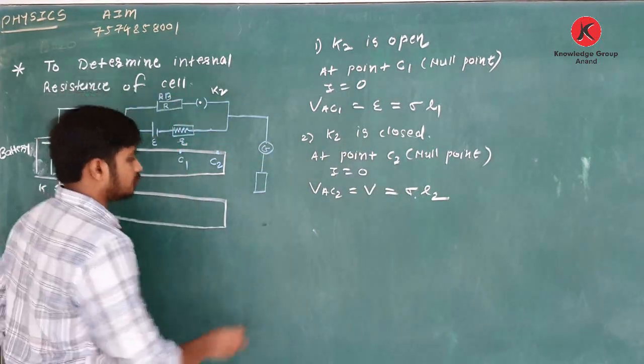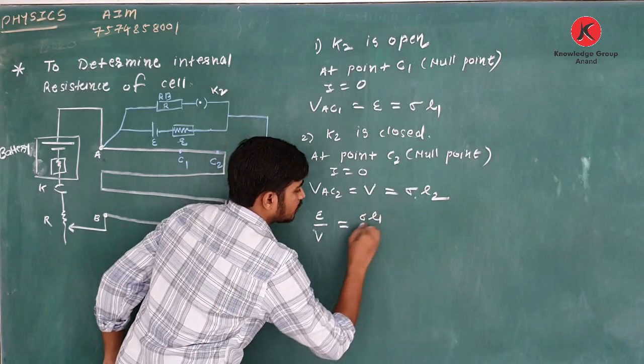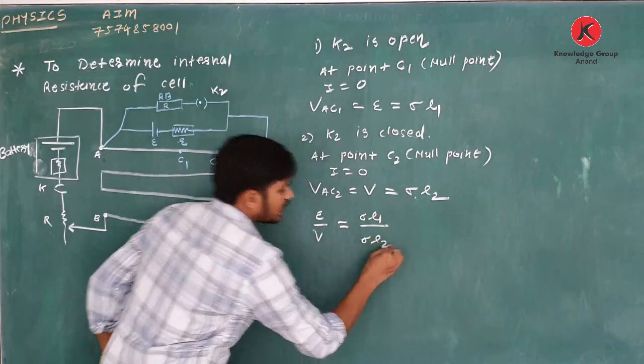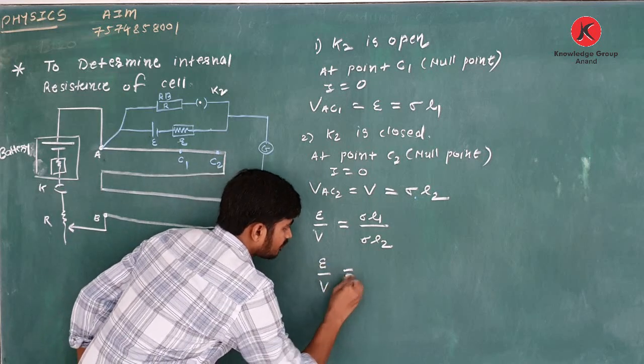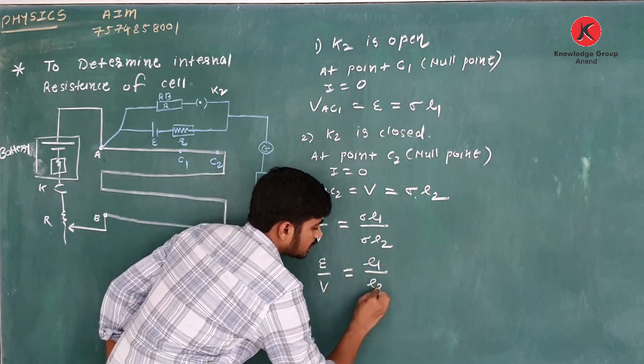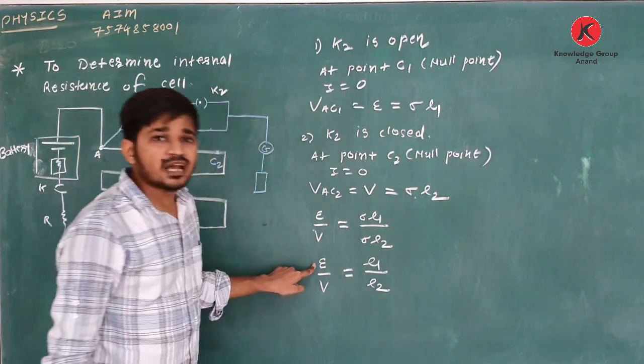Now take the ratio. E upon V is equal to sigma L1 upon sigma L2. Sigma cancels, so E upon V is equal to L1 upon L2. Now E means EMF.